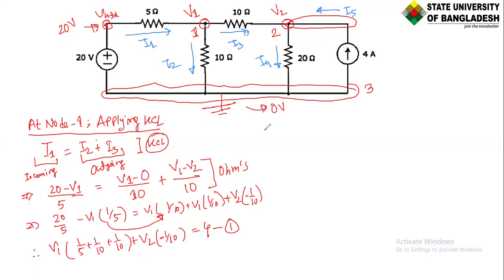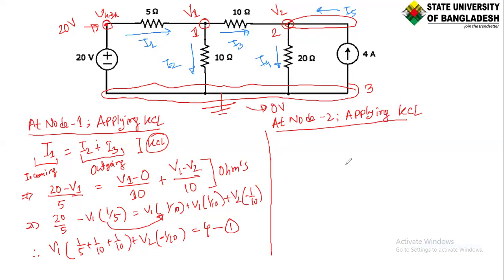And the second part is that you have to find the nodal equation for node 2. So at node 2, again, we will apply KCL. Let's see which currents are entering node 2: I3 and I5.